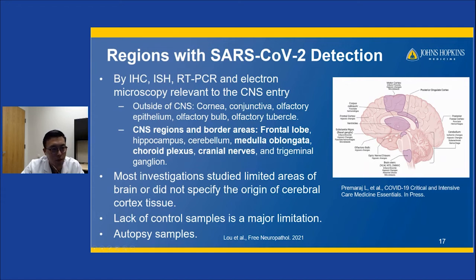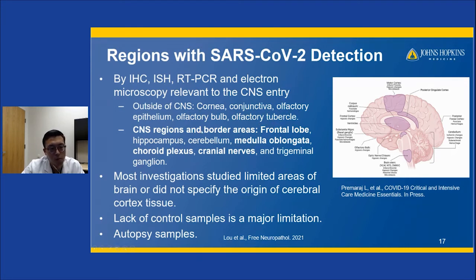Again, I want to remind you of the different regions with SARS-CoV-2 detection. I showed you this figure, and if you summarize the existing literature, outside of the CNS, SARS-CoV-2 virus was detected in cornea, conjunctiva, olfactory epithelium, bulb, and olfactory tubercle.